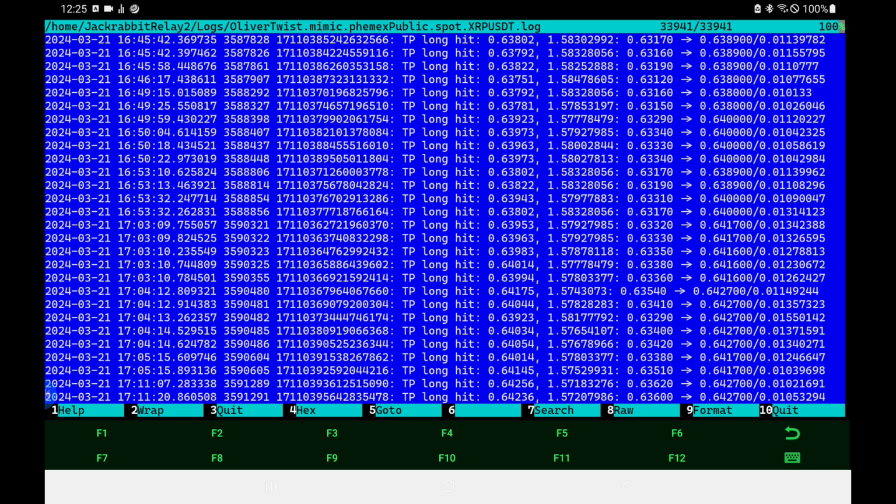For example, for this particular test, I am buying once a minute. No matter what, I'm simply buying 1 XRP a minute. And this is the results of that 1 XRP a minute.